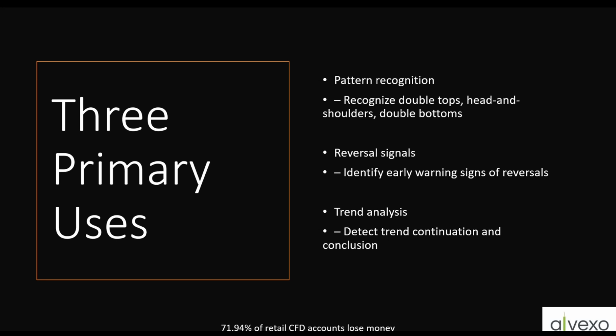One is pattern recognition: double tops, head and shoulders, double bottoms. This is what I was mentioning, the M's and the W's. They also give us reversal signals, an early warning sign when we might see a market reversal. It also helps us see the volatility in the markets. And lastly, it helps us do trend analysis by detecting the trend continuation or conclusion of the trend.